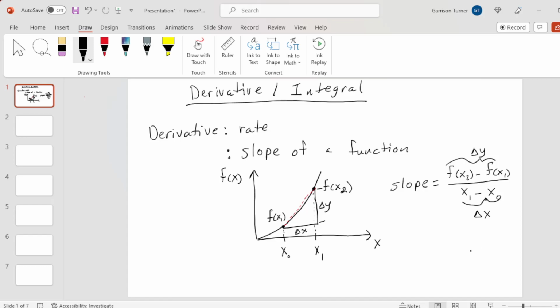Right? But to make things a little bit more accurate, in order to get the red dashed line to fall right along the curve, what we want to do is make this quantity small. And in fact, we want to make it infinitesimally small. I've got to remember how to spell infinitesimally.